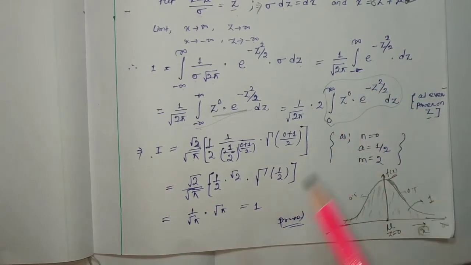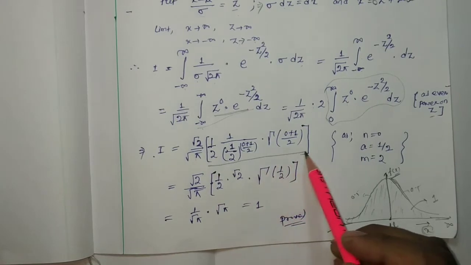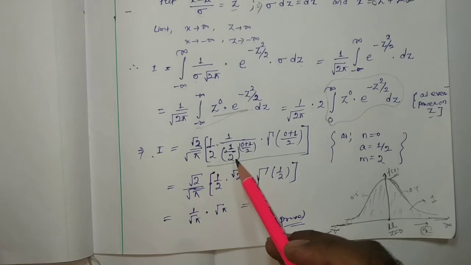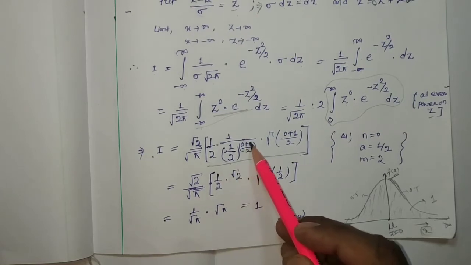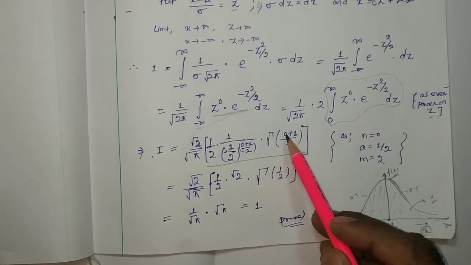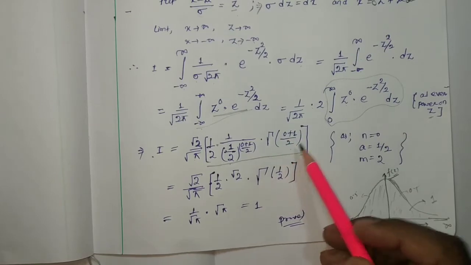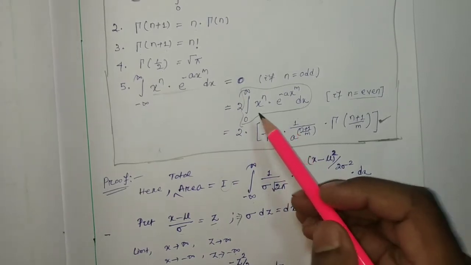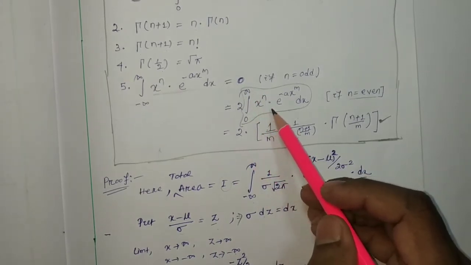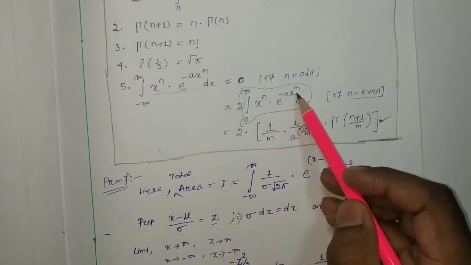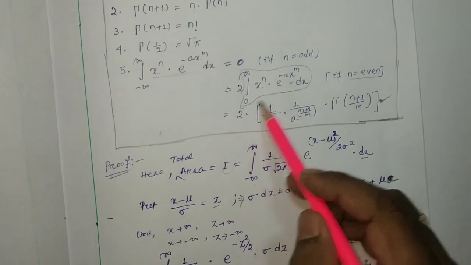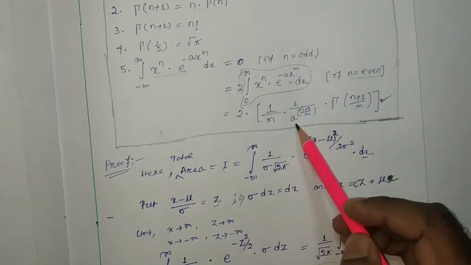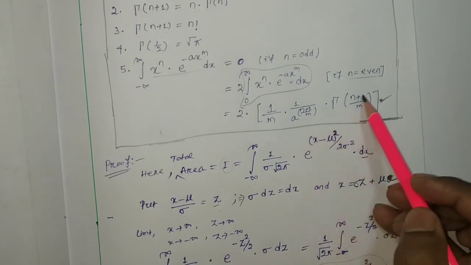integral will be how much? That will be 1 by 2 into (1 by 2) to the power 0 plus 1 by 2, into gamma of 0 plus 1 by 2. Because in general, if we have this integration from 0 to infinity of x to the power n into e to the power minus a x to the power m into dx, then the value will be (1 by m) into (1 by a) to the power (n plus 1) by m, into gamma of (n plus 1) by m.